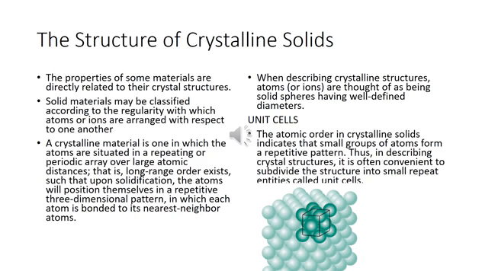The properties of materials are directly related to the crystal structure. A crystal material is one which has atoms in a repeating or periodic array over a large atomic distance. This large array is composed of unit cells.